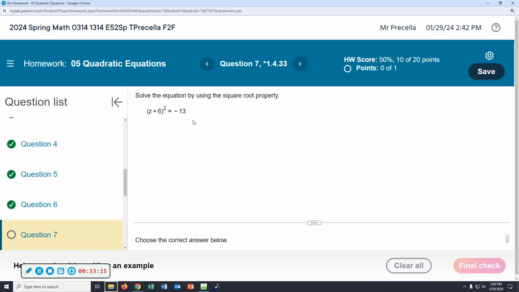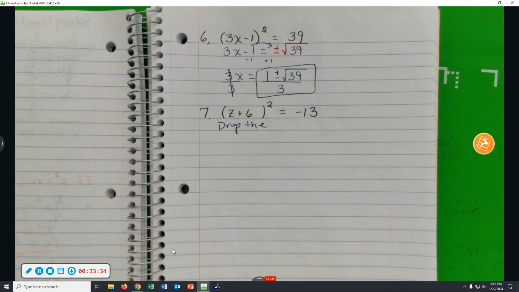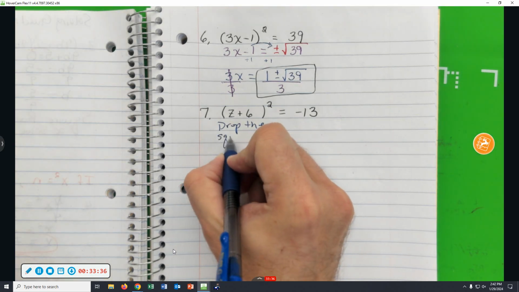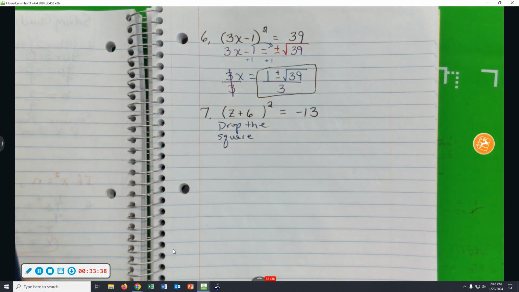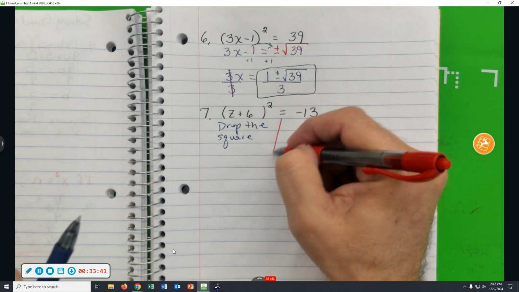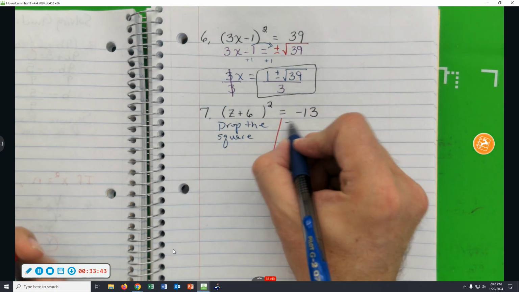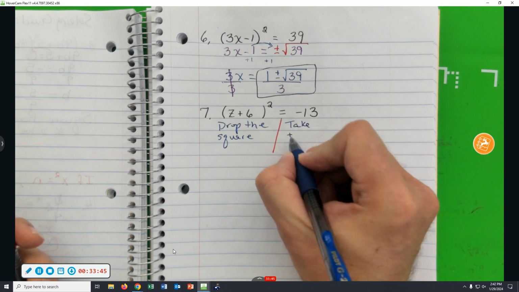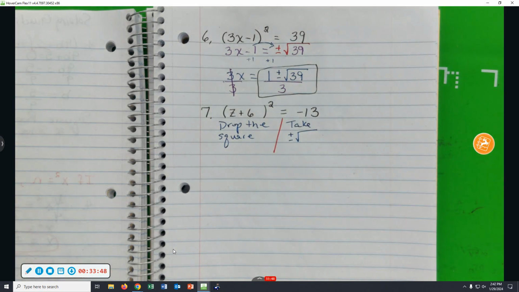Okay, so it says you can use the square root property. And can you? Well, yeah. You may not have x squared equals, but you have parentheses squared. So I'm going to drop the square on the left, and on the right, you take the positive and negative square root of the number under there.